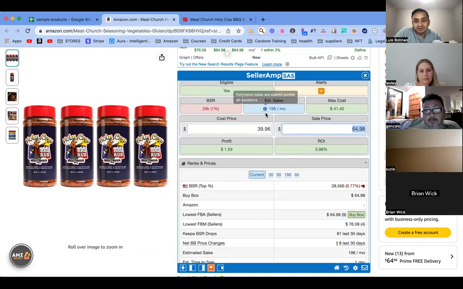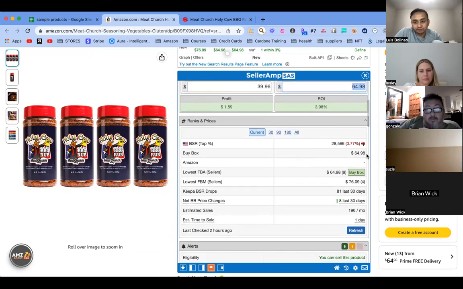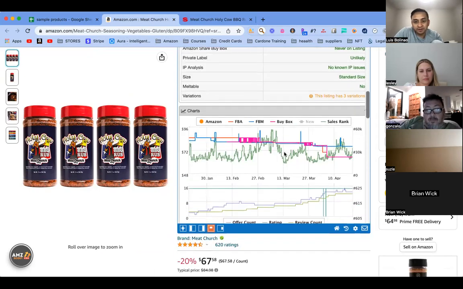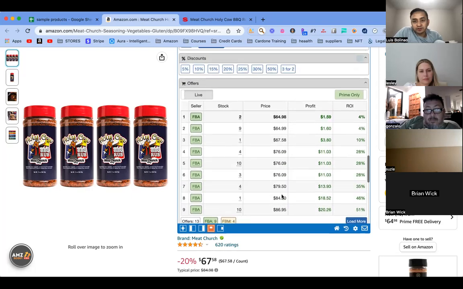So 196 sales a month, shared with other variations. ROI is 3%, so it's on the low side. And then from here, I will look at the competition. Well, this one has a low ROI, but it's trending up though, right?